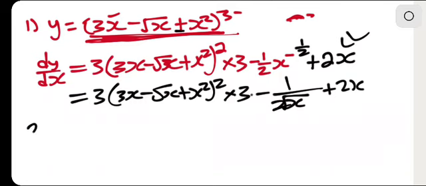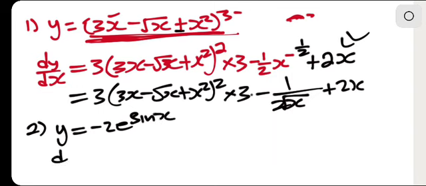Let's say number 2, you're given y equals minus 2e raised to the power of sine x. They say differentiate, find dy over dx of this. If you find that, you know this is an exponential.